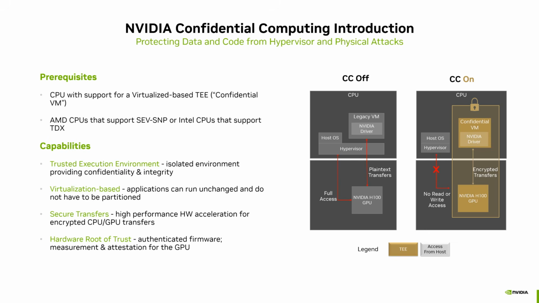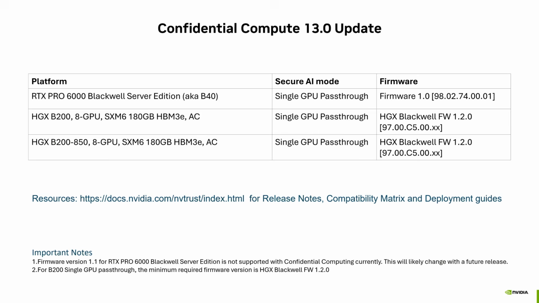It's a virtualization-based solution. You have a trusted execution environment. You can see the TLDR of it just from the diagram here. The big news for CUDA 13 is that it's available for Blackwell. We have support for HGX B200. We have support for RTX Pro 6000. It's single GPU pass-through for now, so it's one GPU per trusted execution environment.